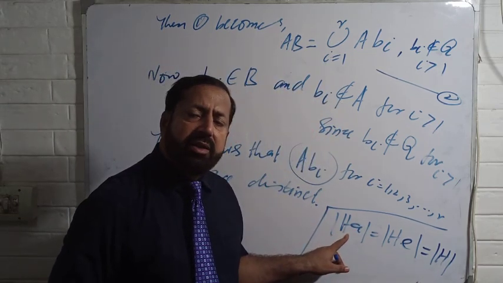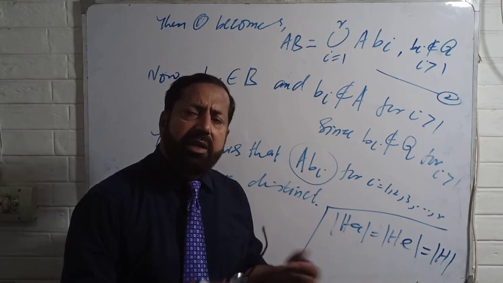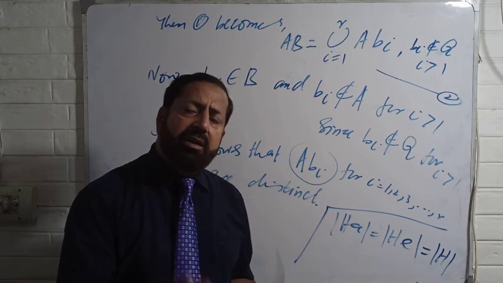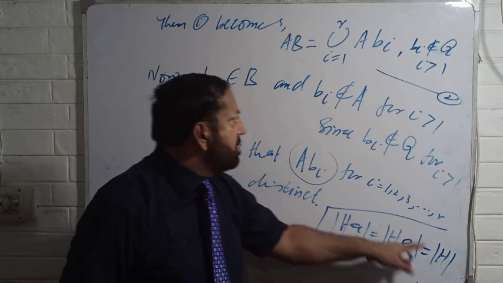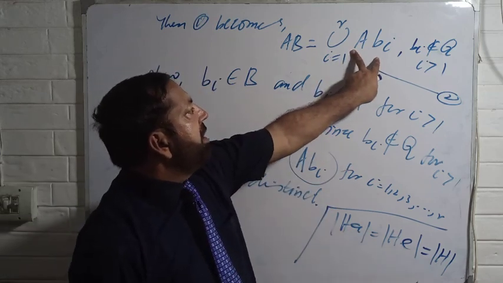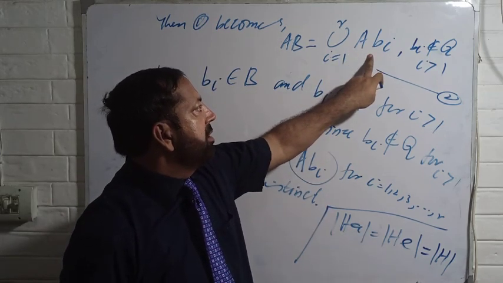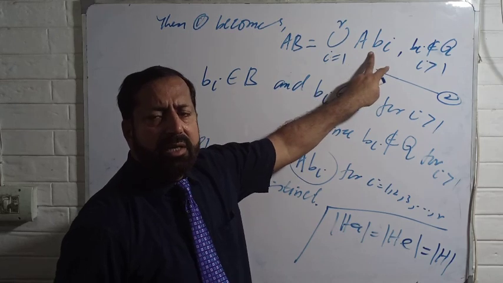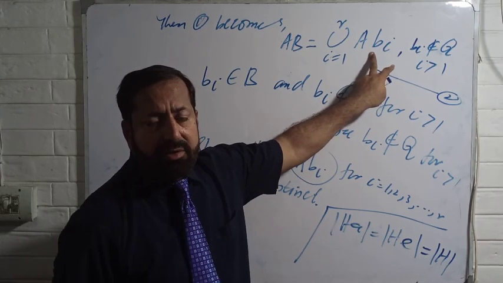This means that the order of any right coset is in fact the order of H. Similarly here, the order of the right coset ABI is in fact the order of A. And what is the order of A?